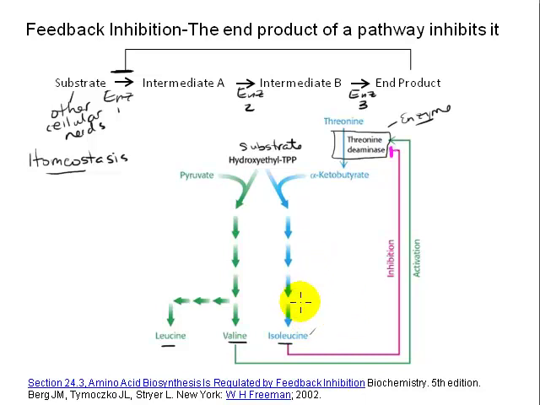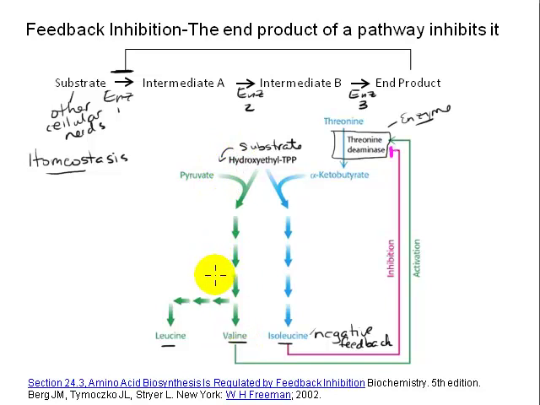Threonine deaminase is subject to feedback inhibition, or end product inhibition, by isoleucine itself, the product of the pathway it initiates. So when isoleucine levels are high, threonine deaminase activity is reduced. Less alpha-ketobutyrate is produced, and so more hydroxymethyl-TPP is now available to be combined with pyruvate to initiate the synthesis of valine and leucine instead.